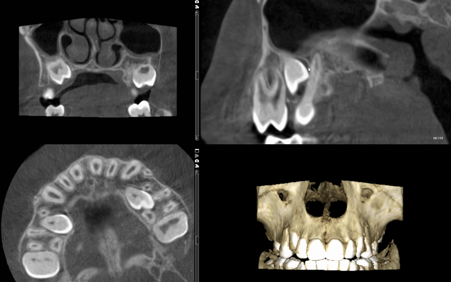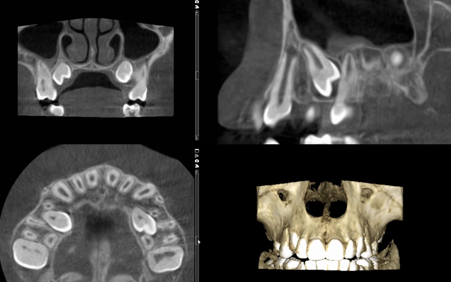Again, clinically, it may not have any significance, but as I follow the root outline right here, there's that follicle, and I go in, and there's a root outline again. So I do think there's a slight resorption right here, but again, it may not make much difference clinically. And even when you look at it in the axial view, you still have a relatively healthy thickness of the dentin or the root at this level of the contact.